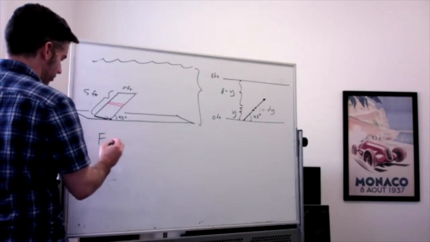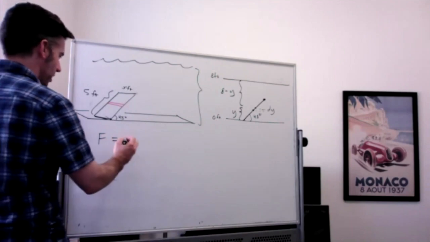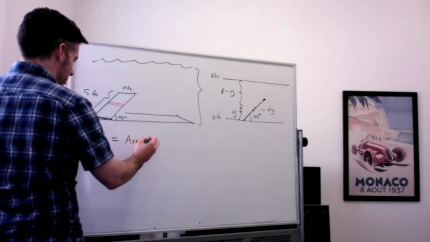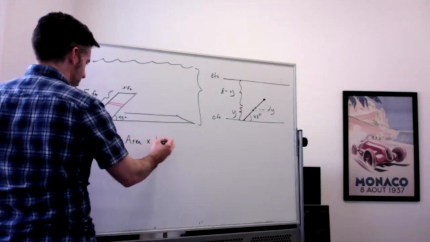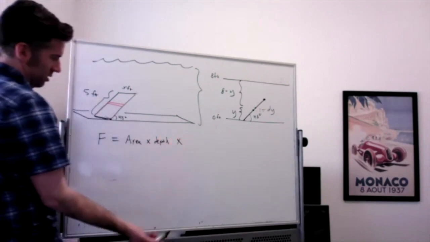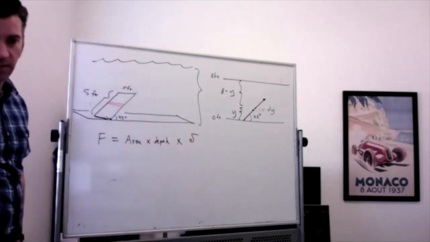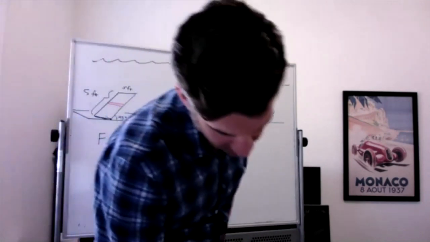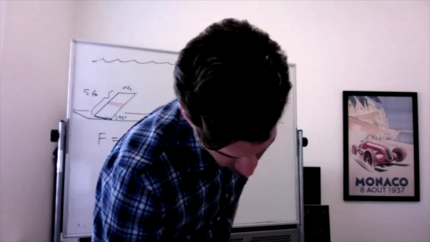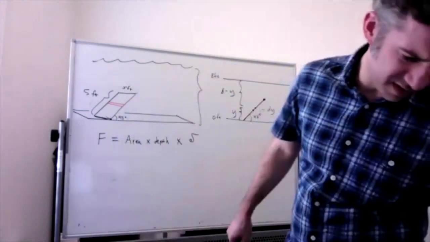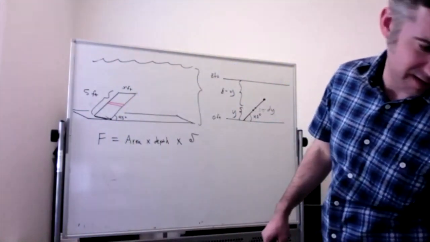Sure. So then the force due to pressure is equal to the area times the depth times the density of water. Did it give us the density of water? No. I think this book uses 62.4 instead of 62.5.